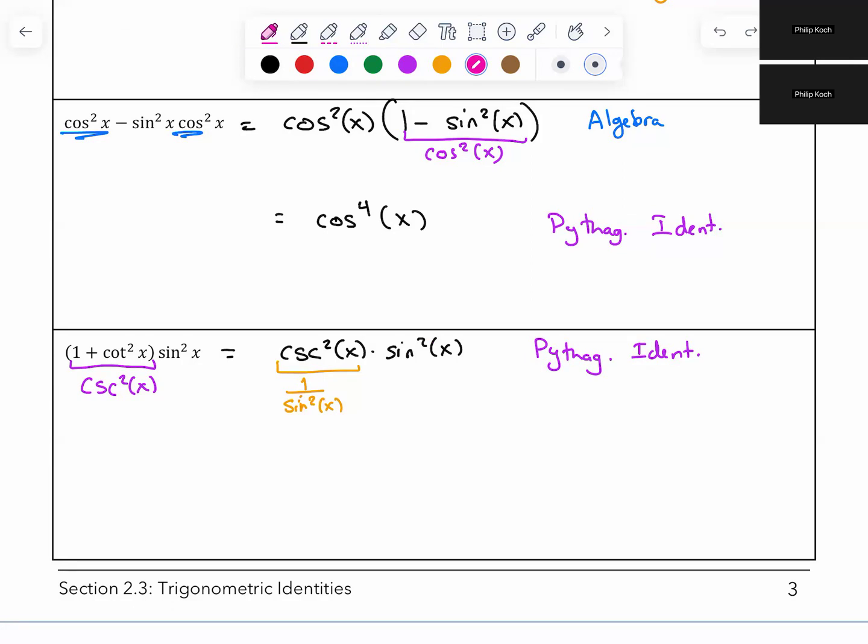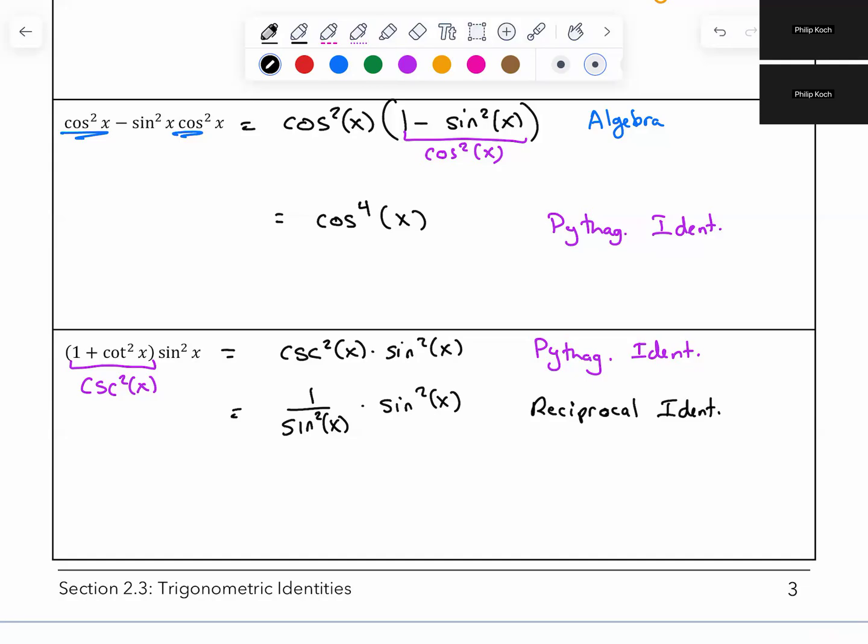Depending on how you have to do it in ALEKS, they might say that you need to use the reciprocal identity. So technically, I should say this is equal to 1 over sine squared of x times sine squared of x, and that's by a reciprocal identity. That's the way ALEKS wants you to write it.